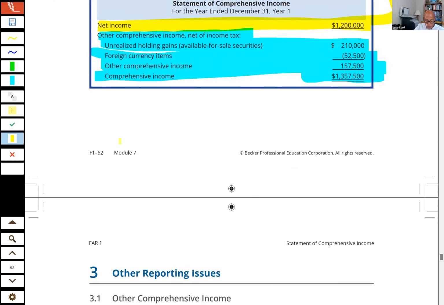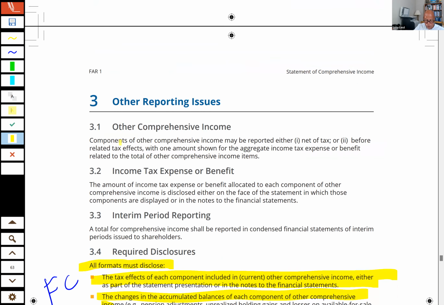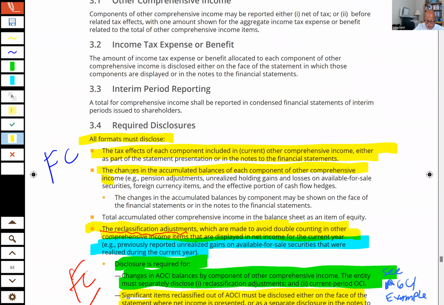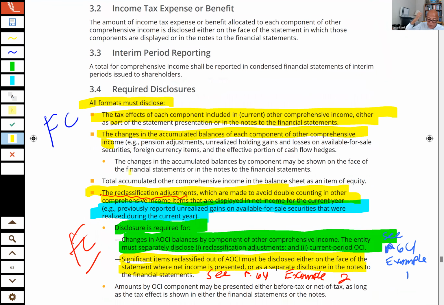But that was the change for the period. 300,000 as it went from 100,000 to 300,000, and you have to speak to it by component, whether it's pension, unrealized holding gain, etc. And then the changes they tell us could be shown on the face or in the notes. We gave you the example up there where we showed it on the face, but you could just say this is the total OCI for the period, and then tell them whether it was pension, whether it was unrealized holding in the footnotes.